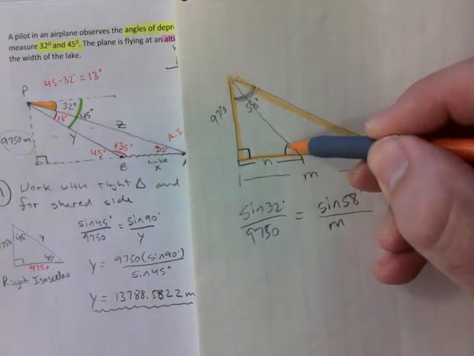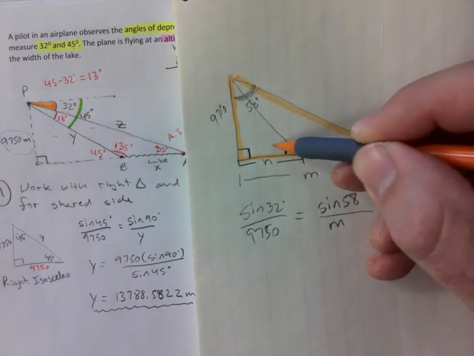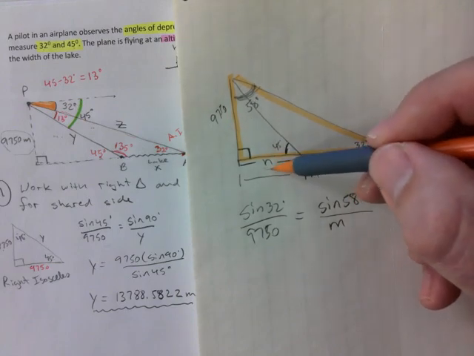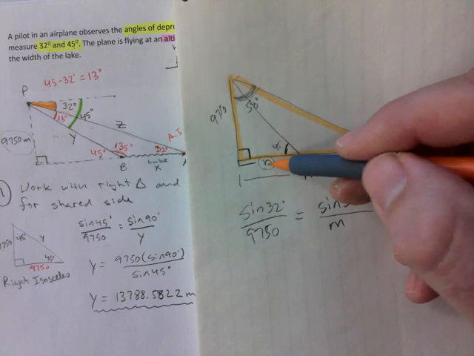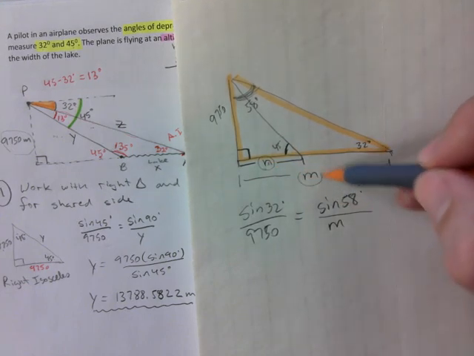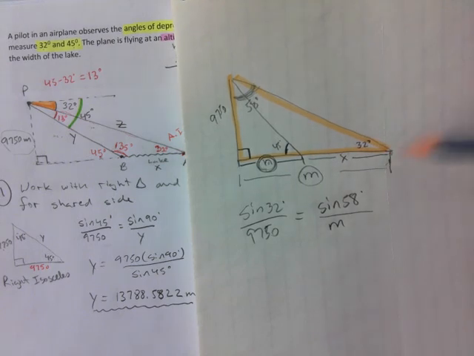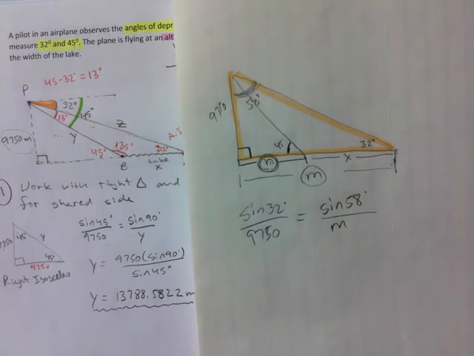I think this was 45. Yeah, this was 45. So we could have found this stretch, which we know is 9750. Once you find M, subtract this from it to get X here. Absolutely, it works. If you're careful, there are many ways to solve this.